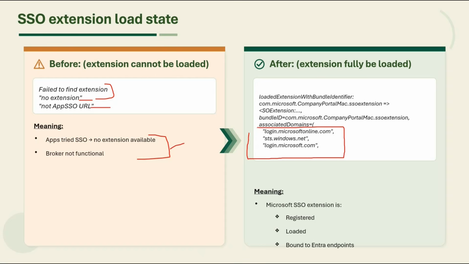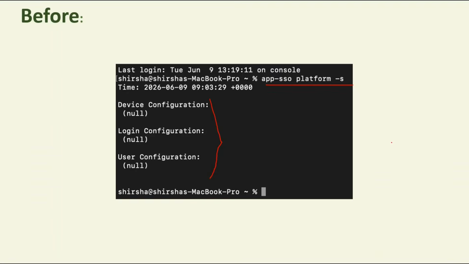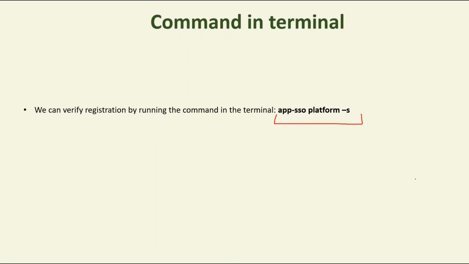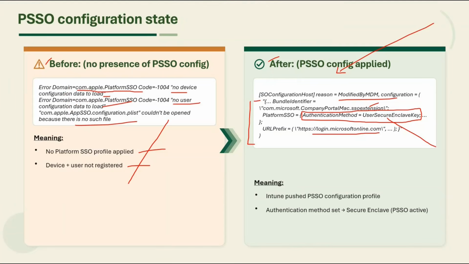Now, these URLs are something that we actually mention in the device configuration profile. I don't want to go into too much detail, but if I give you a sneak peek, over here you can see that when we made the device configuration profile, we had mentioned some URLs over there, right? There are these 3 URLs. So those 3 URLs are visible in the logs as well.